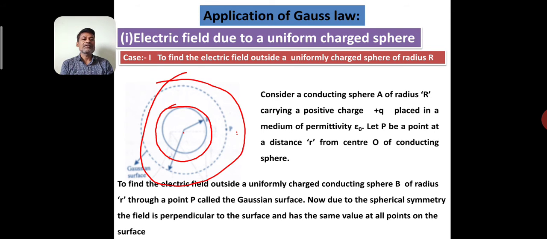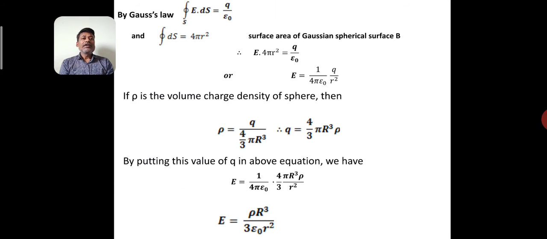So on that Gaussian surface, at any point the electric field intensity is the same, and the electric lines of force emitting from the point charges placed on the spherical surface are always perpendicular to it. Now, from Gauss law, the integration over a closed surface of E dot ds is equal to q divided by epsilon 0.